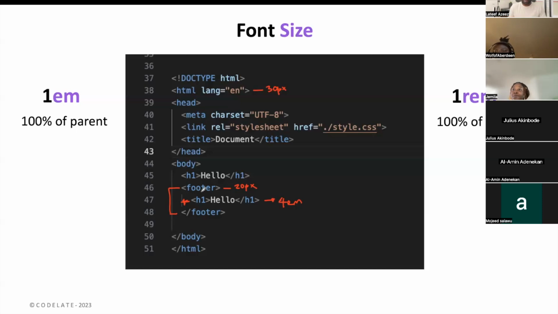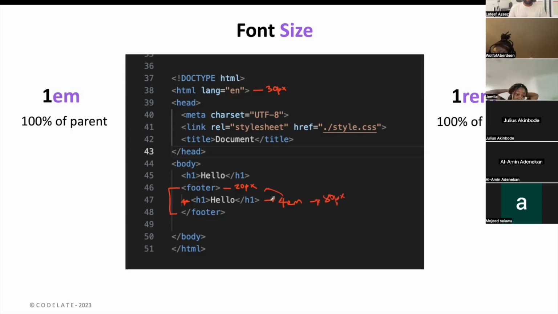It can be anything, whatever it is, it is going to be the parent. And because EM is relative to the parent, it means 4 times the size of the parent. And that's what makes it 80 pixel. So Julie was right. Is anybody still confused?